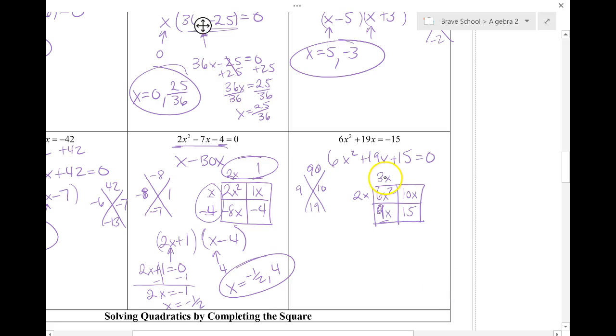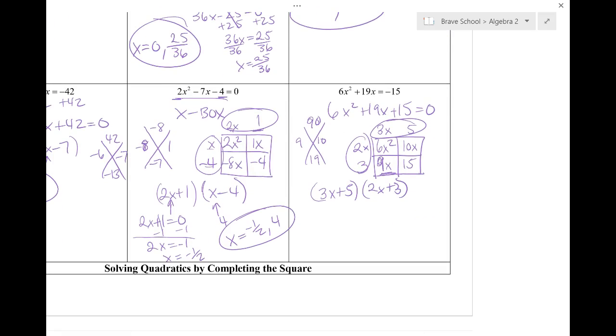And then I have to say to myself, what times 3x equals 9x? Well, that's just 3. And then go to the top right. What times 2x equals 10x? 5. And there are our binomials: 3x plus 5 and 2x plus 3.